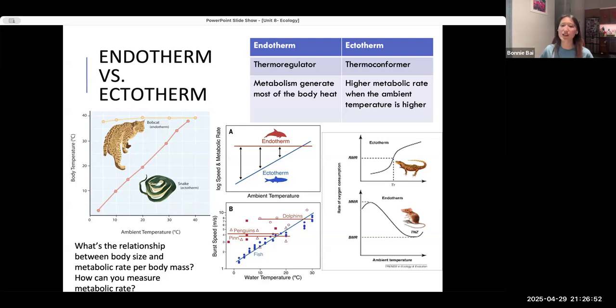Optimal temperature, optimal pH, right? So enzymes have an optimal temperature at which the enzyme activity is at its highest, allowing the chemical reaction to take place at its fastest rate. So when the body temperature is really low, that is a problem because your enzymes are not working. So your body has to maintain that homeostasis for yourself as an endotherm.